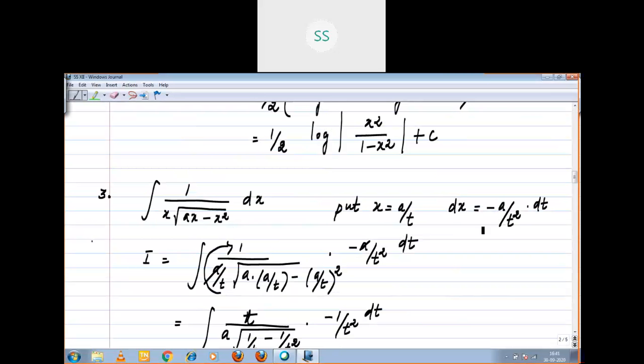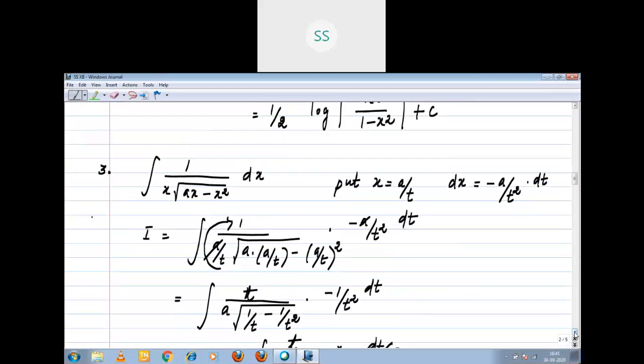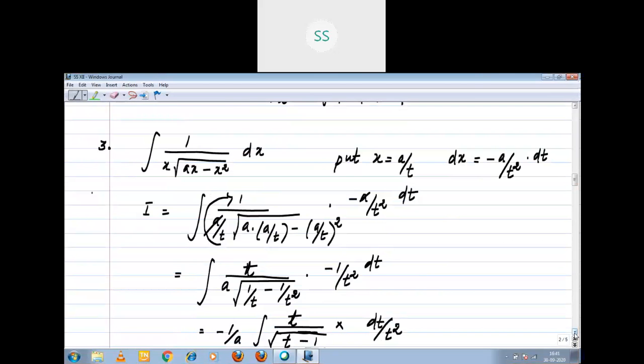Now I equal to minus 2 by a square root of a minus x by x plus c.